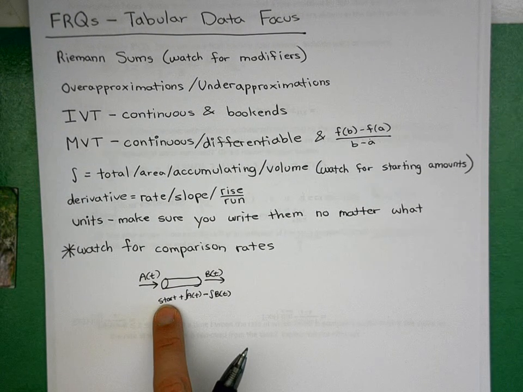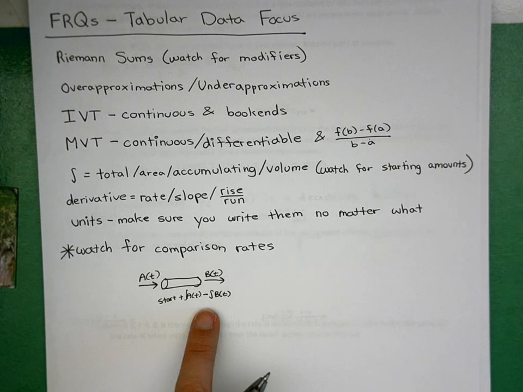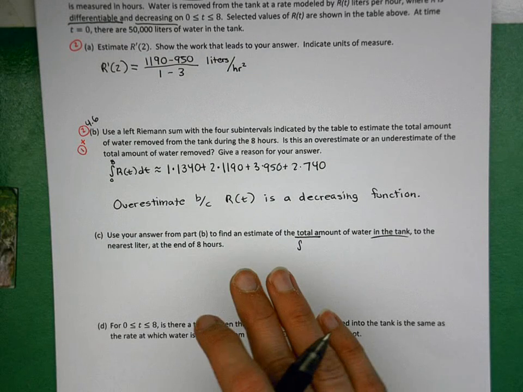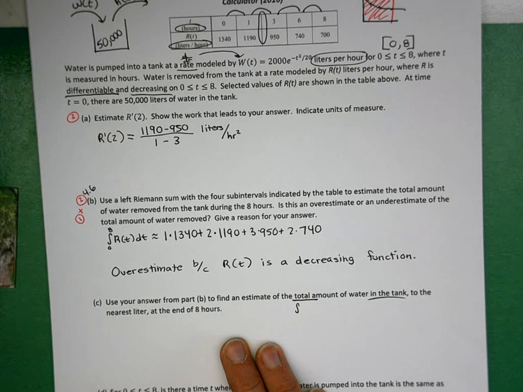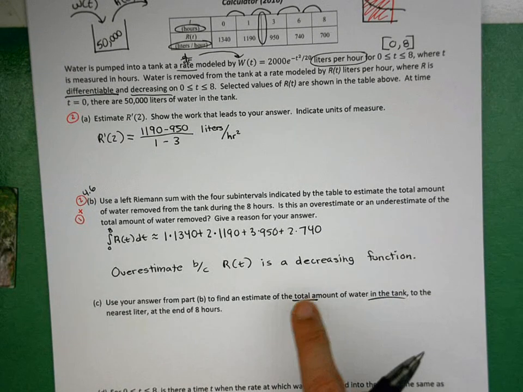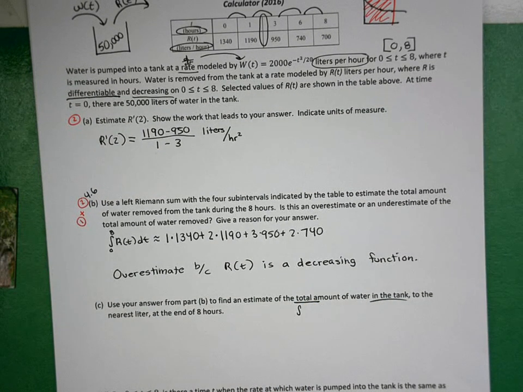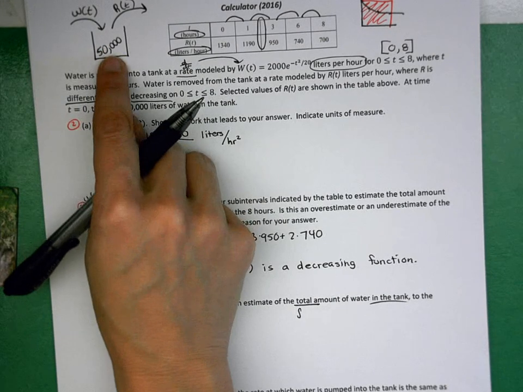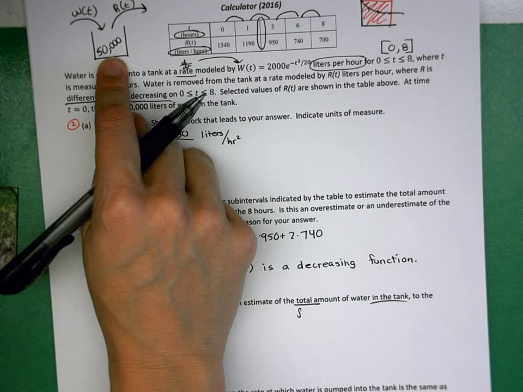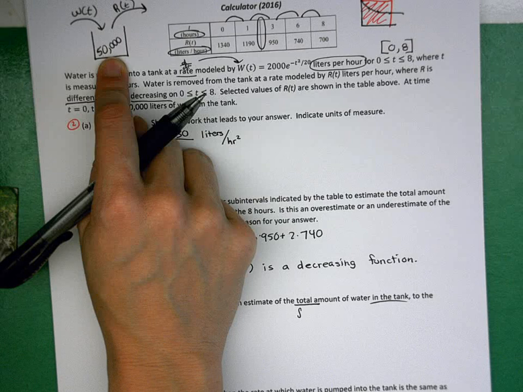The reason that's important here is because it's very tempting to want to just use the W of t. People see total, they do integral from 0 to 8 of W of t, and they call it good, but W of t is just what's going into the tank. There was already 50,000 in there, and R of t was getting subtracted away, right?